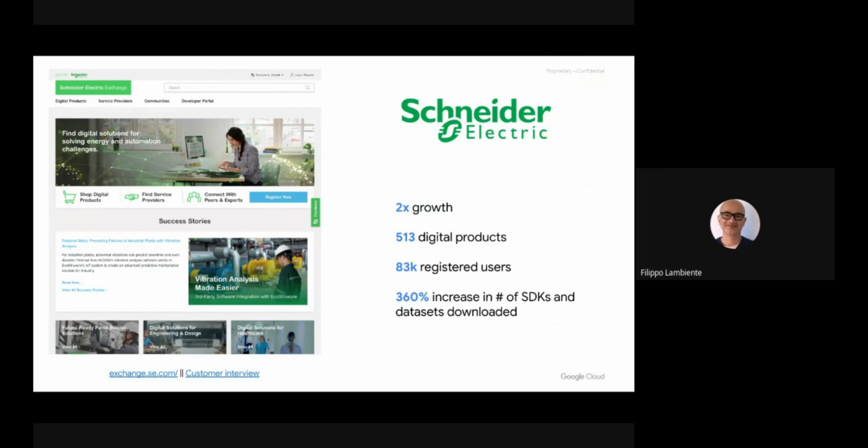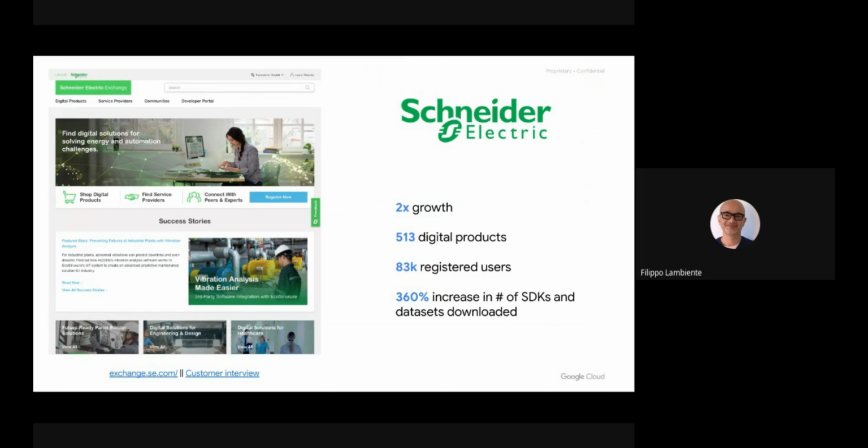Another trend that we are seeing is the fact that more and more manufacturers, especially electric manufacturers, but not only, are providing additional services via API to the physical product that they are selling.